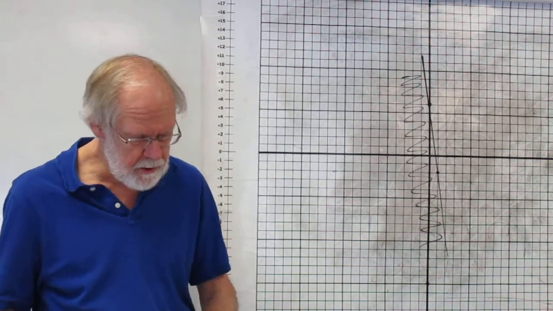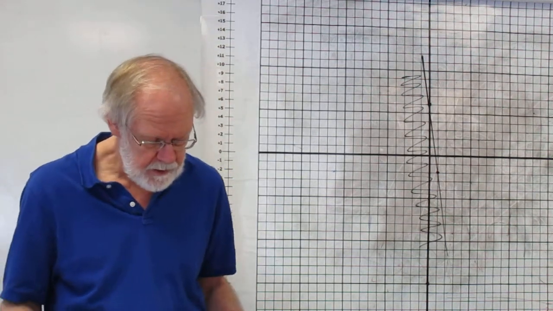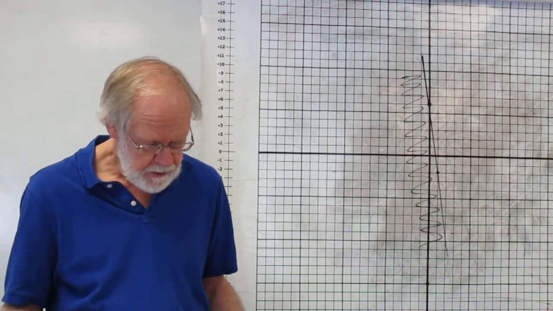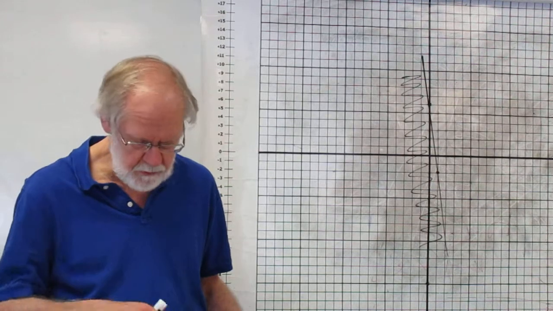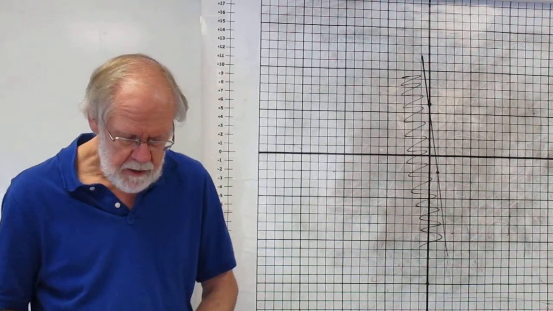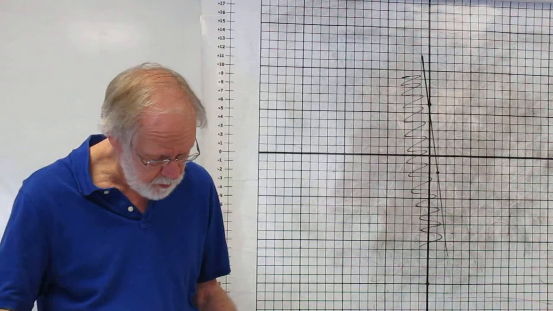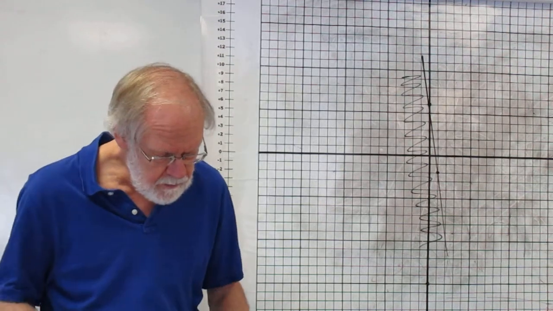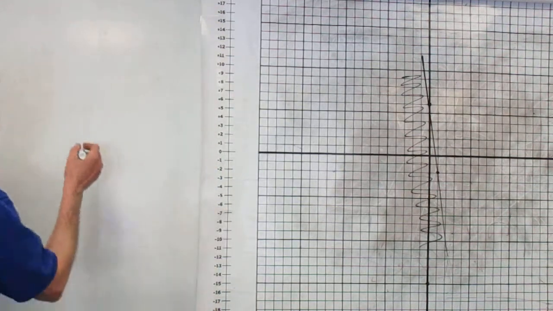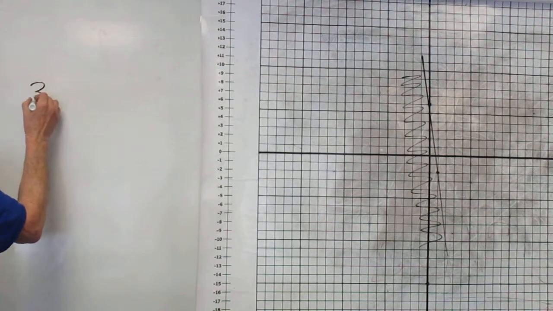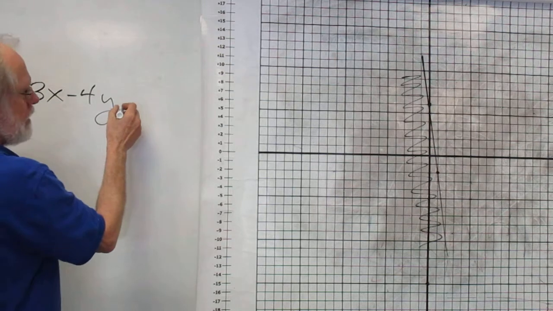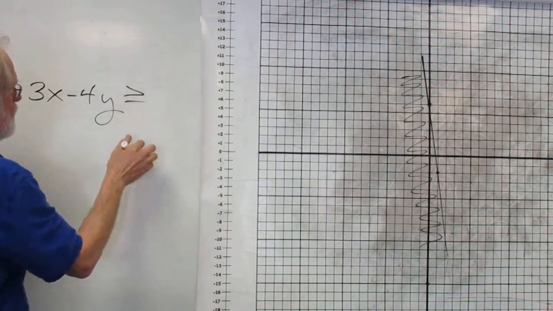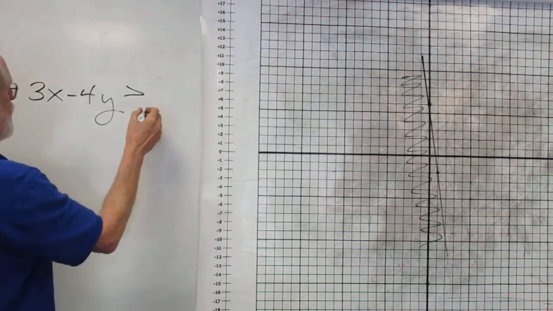All right, we'll make one up. 3x minus 4y is greater than, just greater than 12.